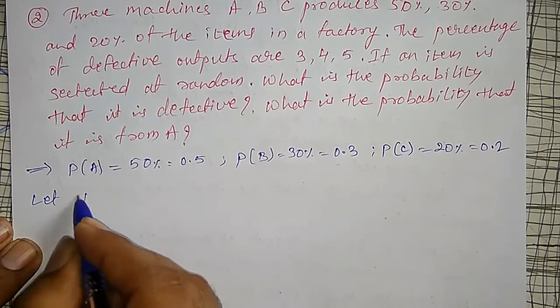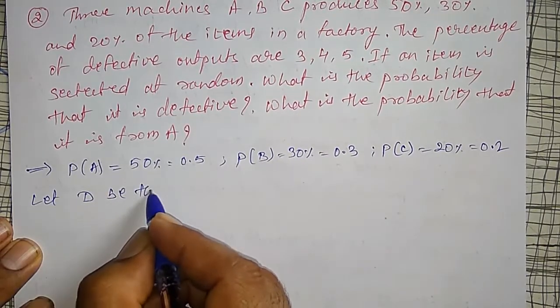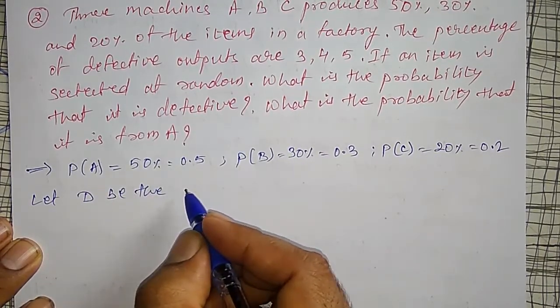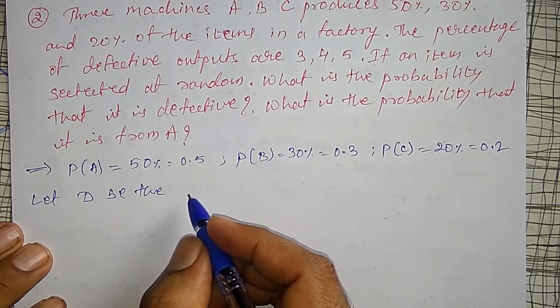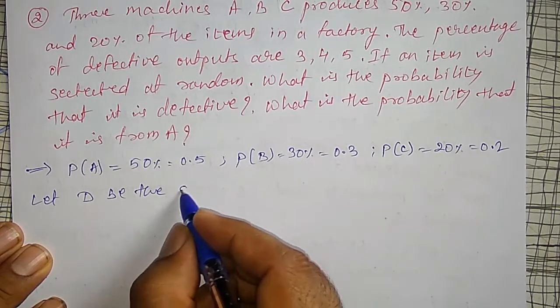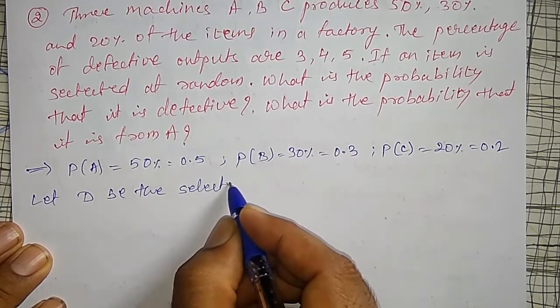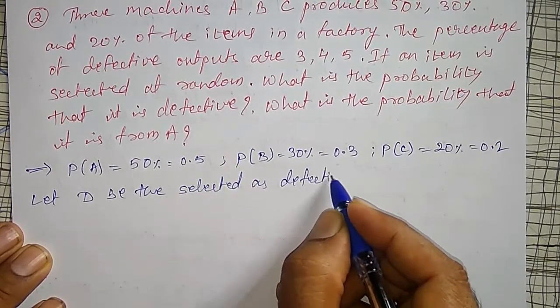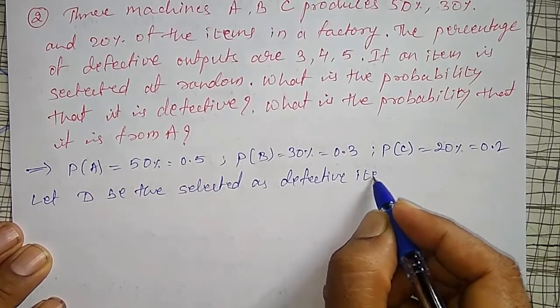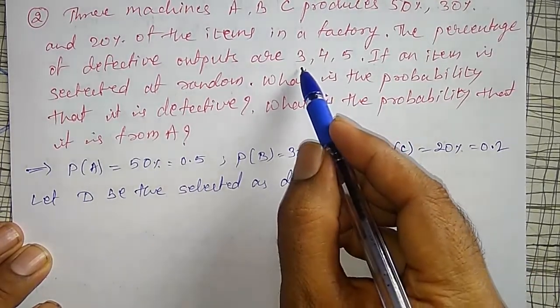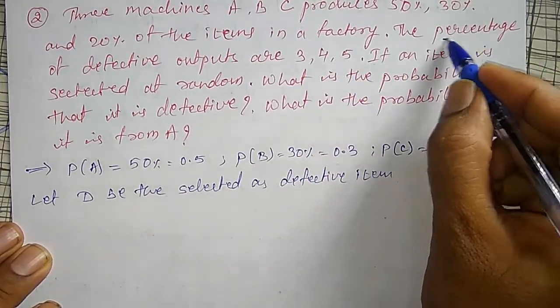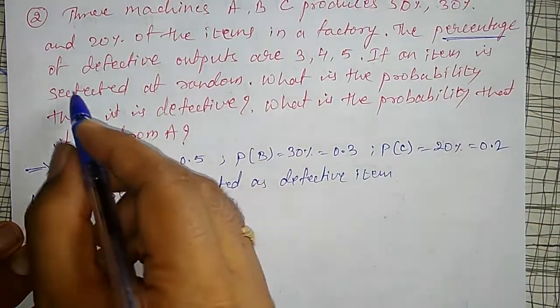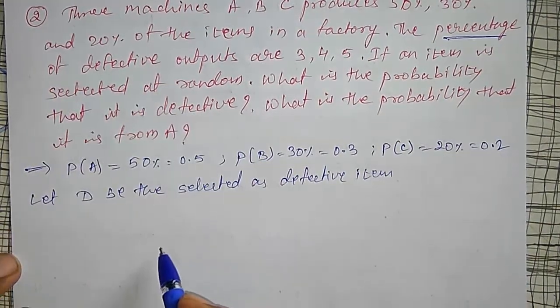Then let D be the selected defective item. What are these 3, 4 and 5? Remember, this is the percentage of defective outputs.